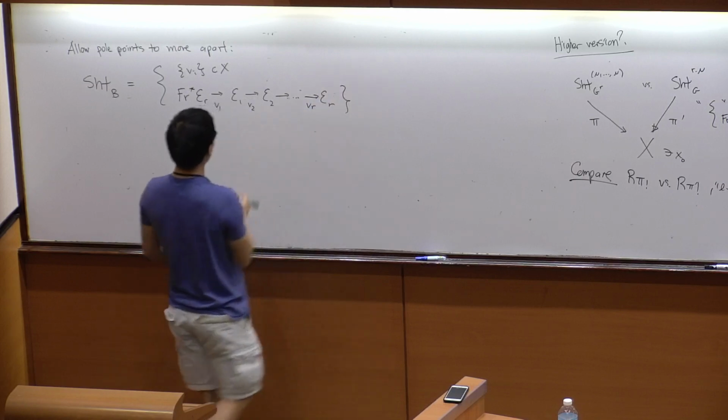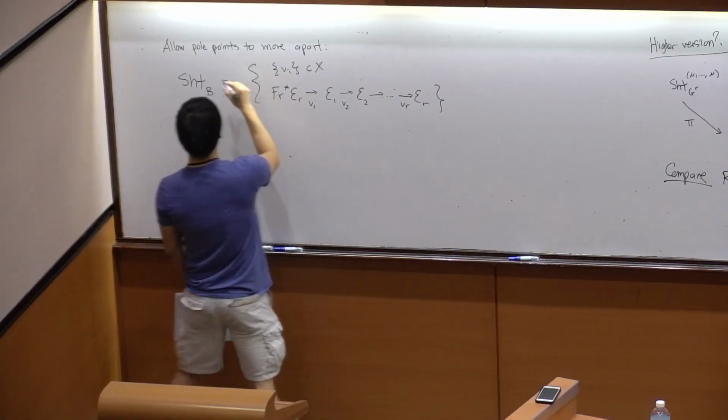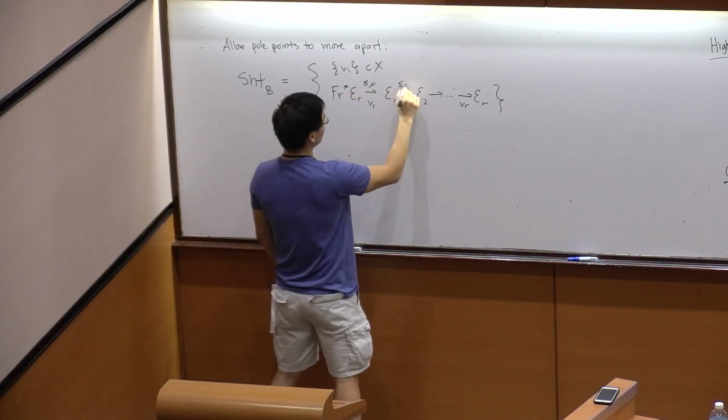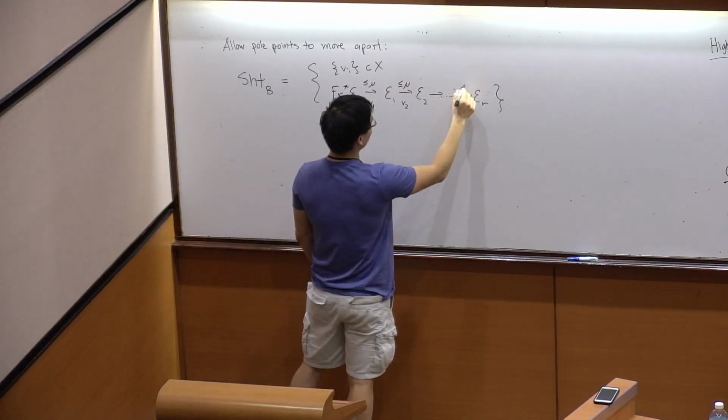And these are potentially different points. All these pole orders are bounded by the same mu.